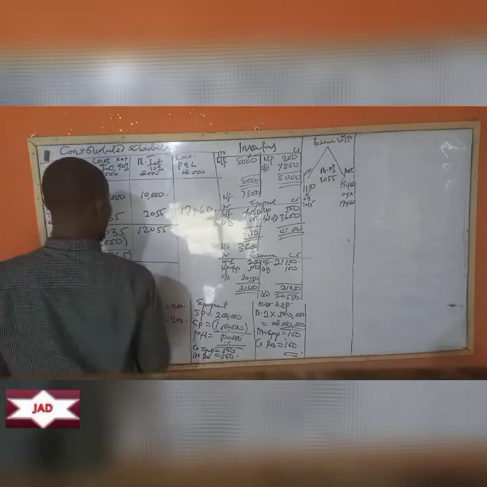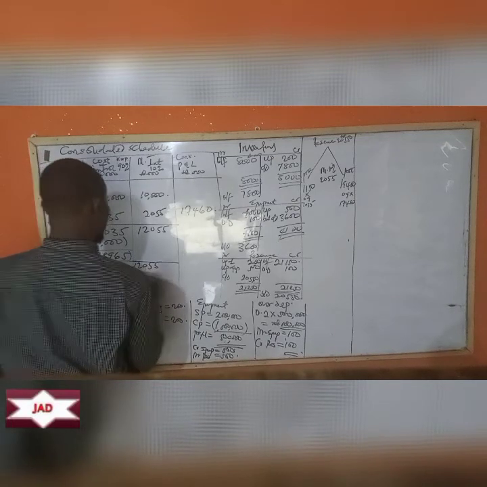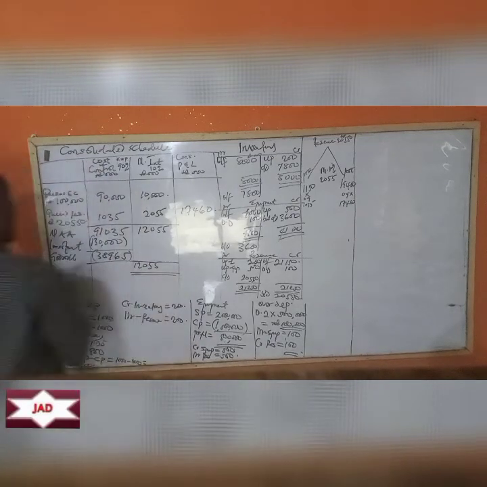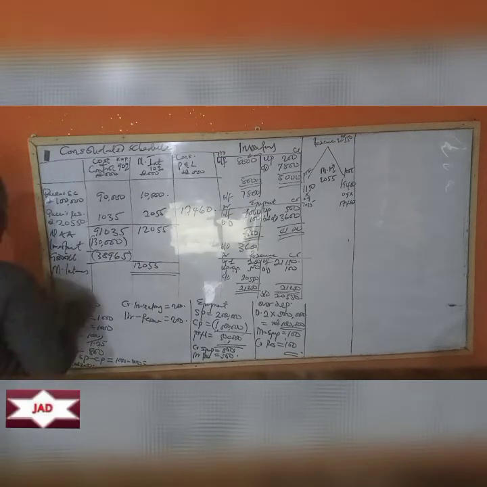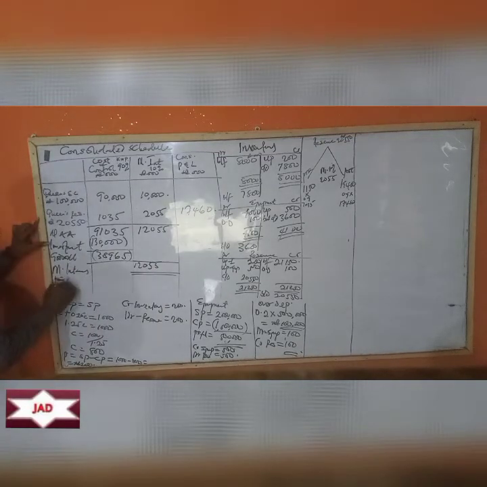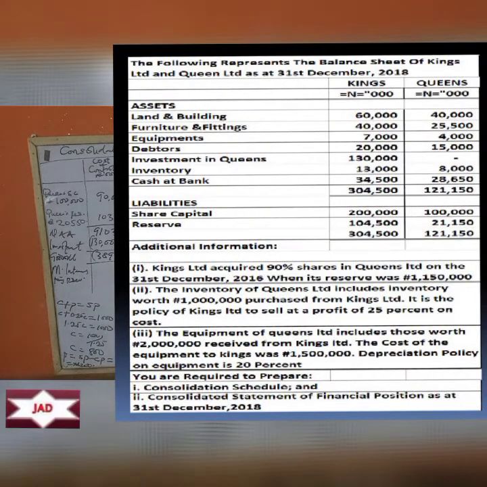So what do you have here? This is 12055, minority interest. And then we now have King's reserve. What is the reserve from the question? King's is 104,500.